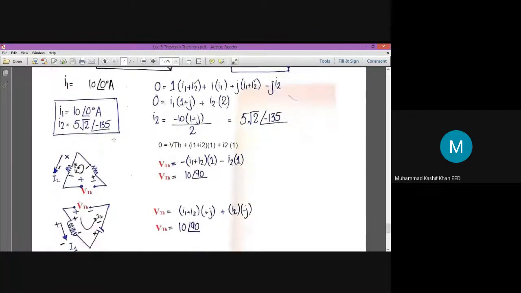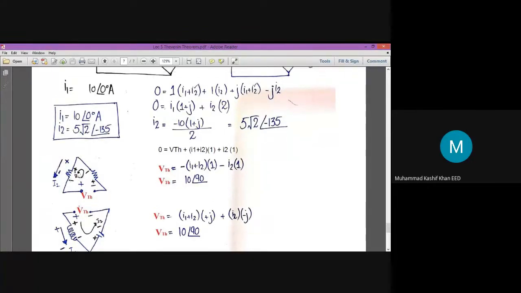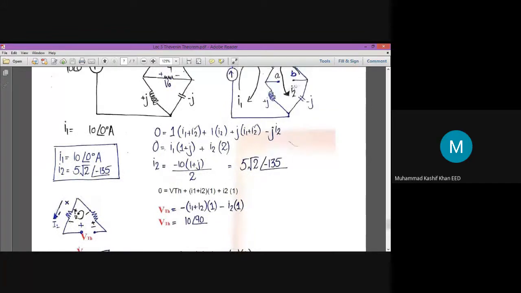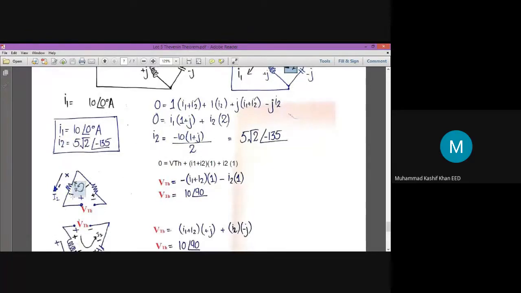First, I have selected the upper part of the circuit. When you consider the upper part of the circuit, you will not change the current directions. The currents I1 and I2 will remain the same. They will not change. So I have supposed the same I2 in this resistor and in this resistor, and the direction of I1 is also the same.